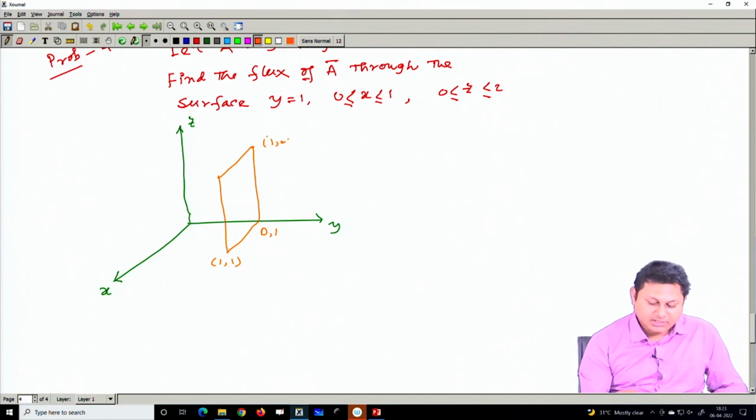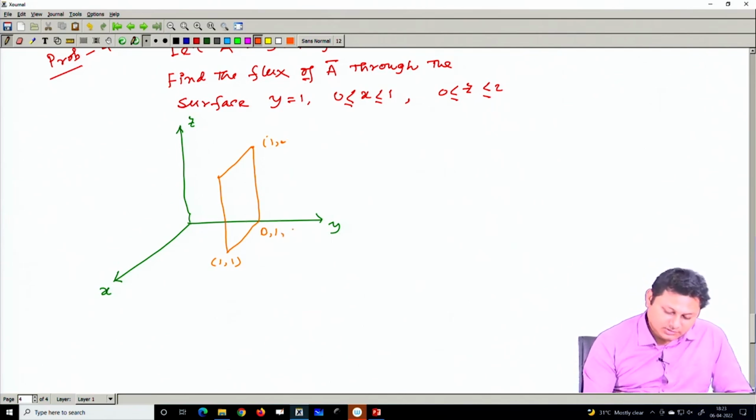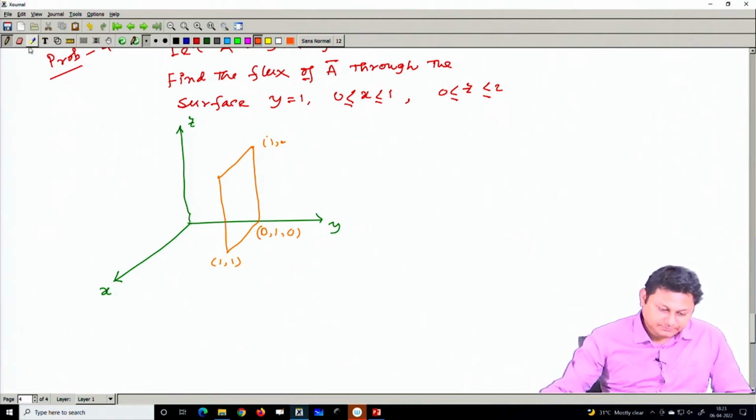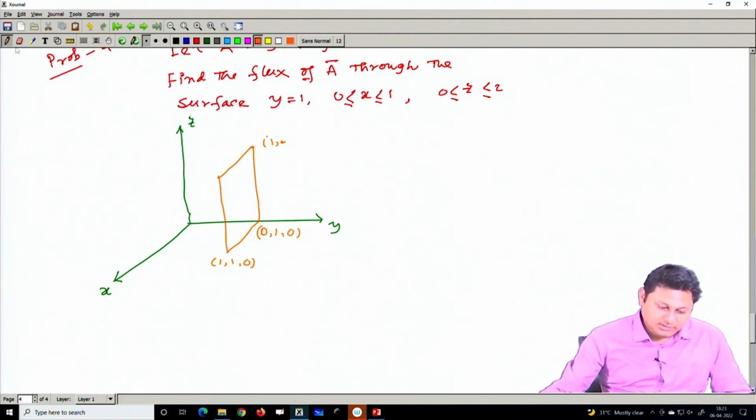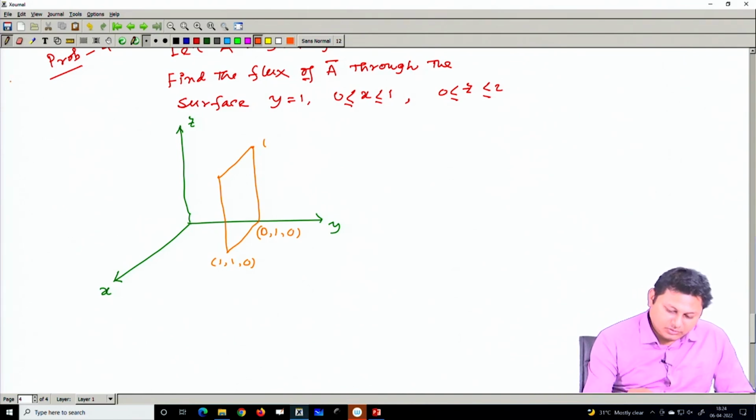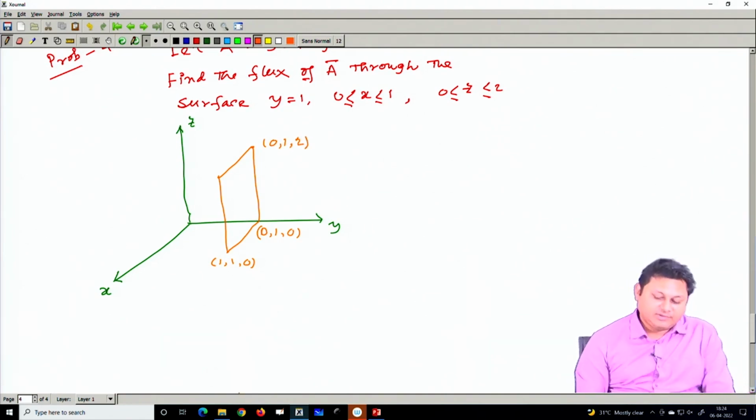I need to put the 3 dimensions also. So this point is 1 1 0, and this coordinate has x equal to 0, y equal to 1 and z equal to 2.